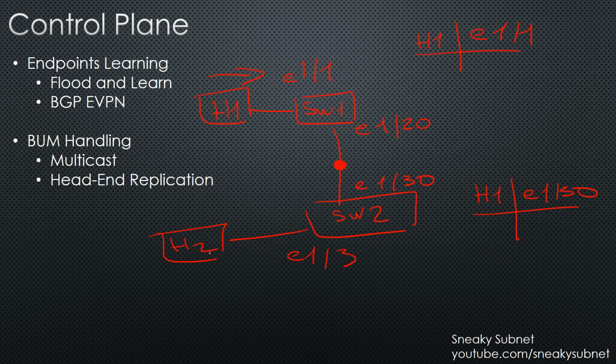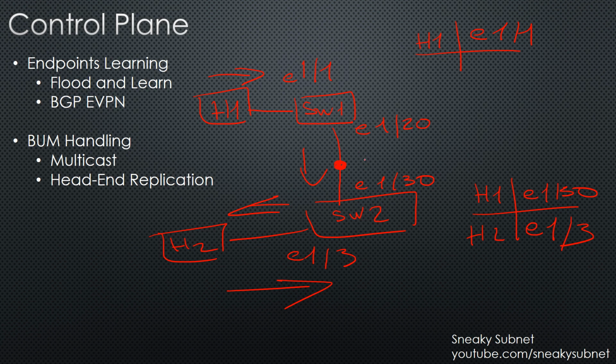And let's assume that host number 2 has been on the network for a while. So switch number 2 knows where host number 2 is located, and it is located behind Ethernet 1/3. So traffic goes like that. Host number 2 receives it and sends replies.